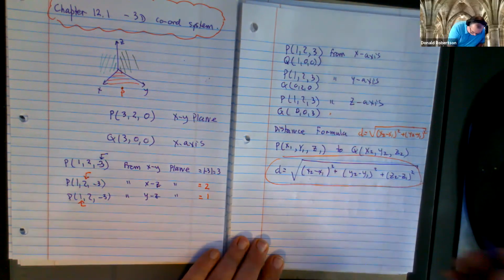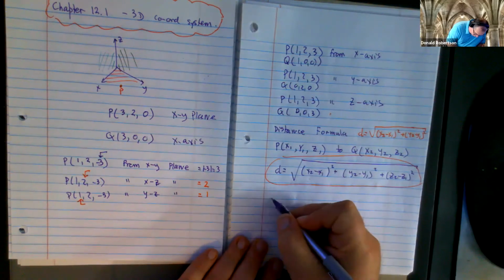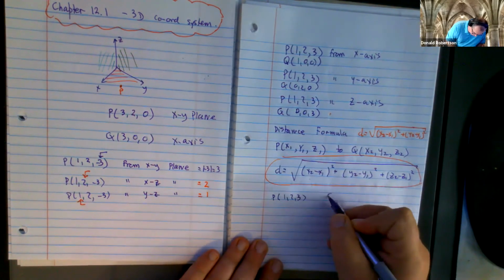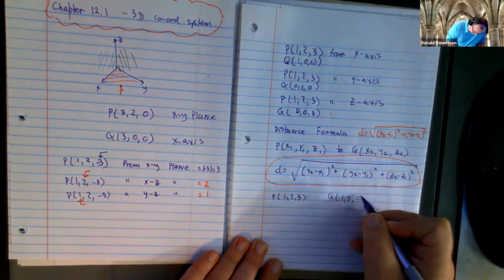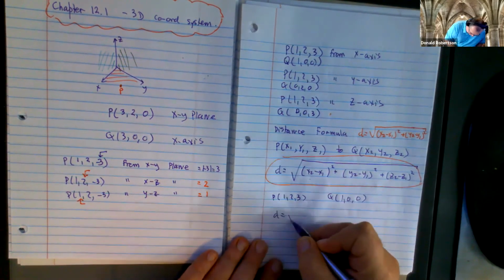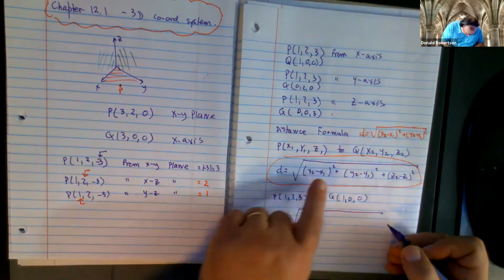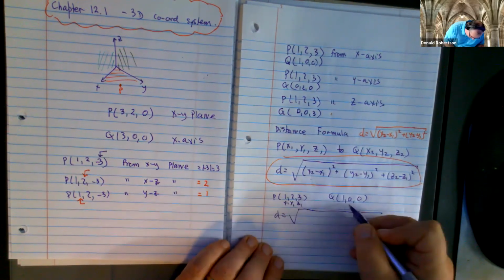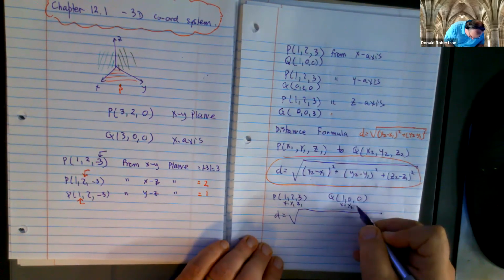Okay. So we're going to do P, which is 1, 2, 3. We're going to find the distance to Q, which is 1, 0, 0. And the distance formula says, I won't write that again, I might put this one as x1, y1, z1, x2, y2, z2. Let's see what you get.